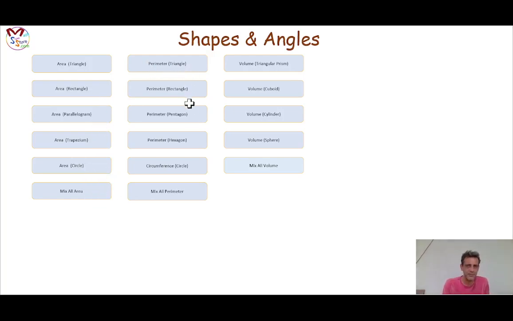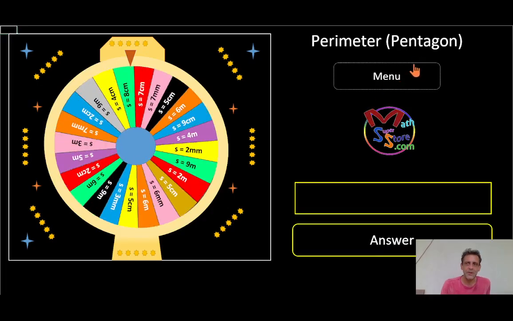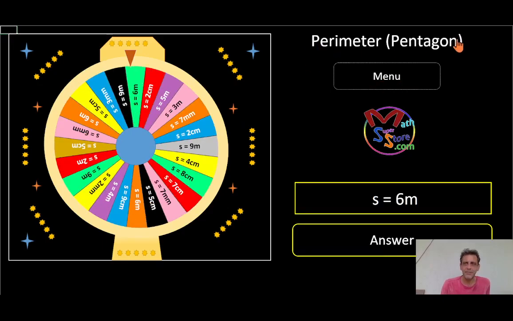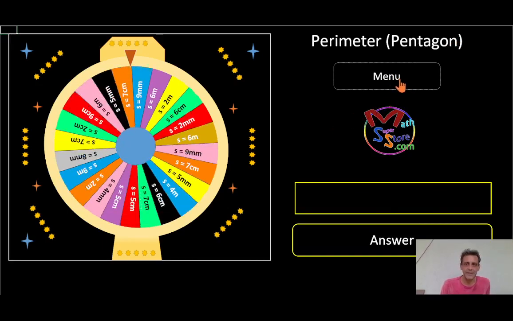We've got perimeter of triangle, rectangle, and the circumference of circle, mix them. And we've got the volume of triangular pyramids, triangular prism, cuboid, cylinder, sphere. And we just choose one and then go back to, so this is a perimeter of a pentagon, the side 6 meters, and I've chosen another one.